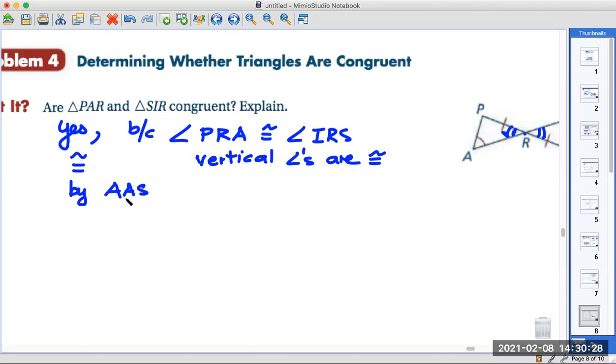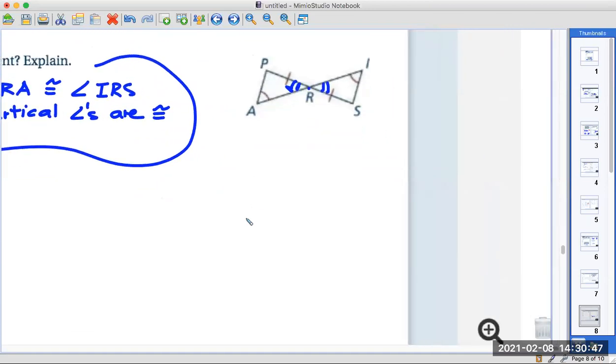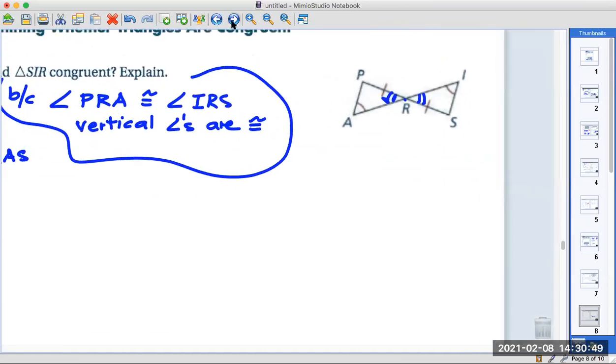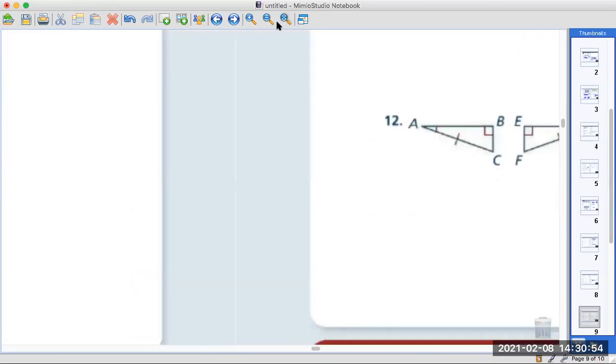Yes, congruent by angle, angle, side. But we have to bring this up. We have to make sure we understand why we mark these two equal. So you have to talk about vertical angles and name them to be perfect, okay? So now we're going to the next page, 144, and we're almost done. 144 on top.